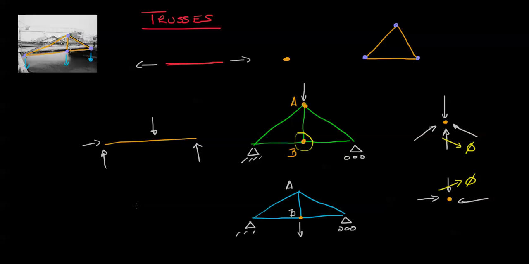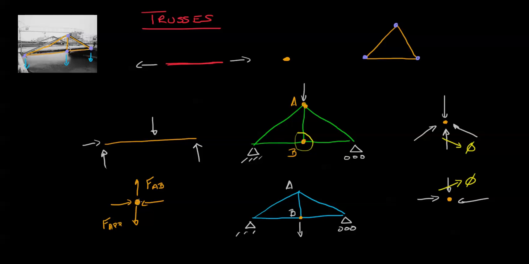Now at B, you have the applied force going down, and we'll call that force applied. You have a force coming in from the left, and a force coming in from the right. That's this member. And then finally, you have some sort of force AB going away.